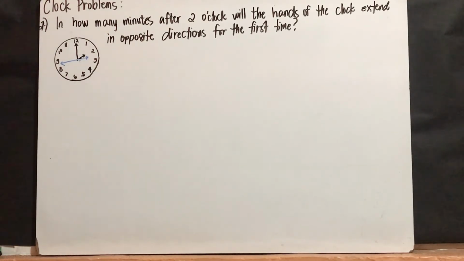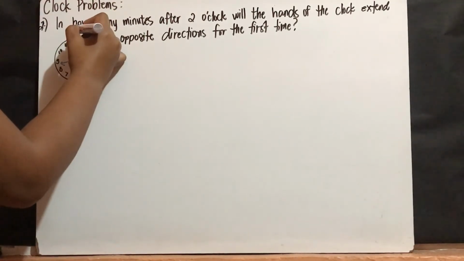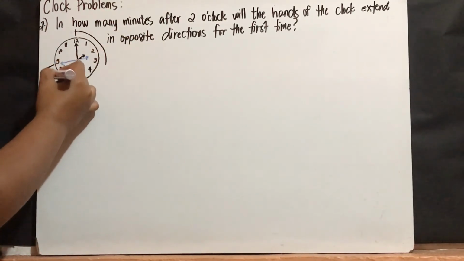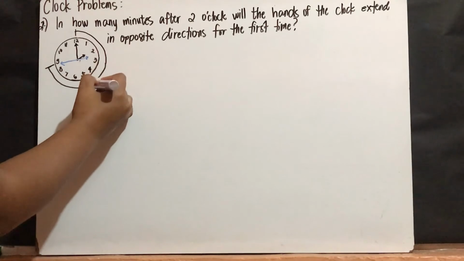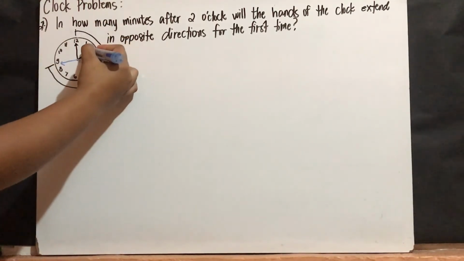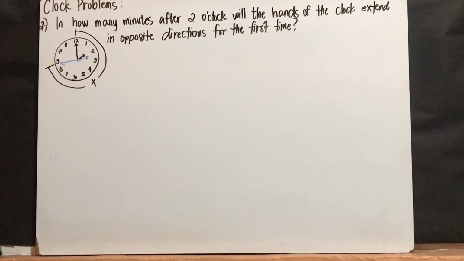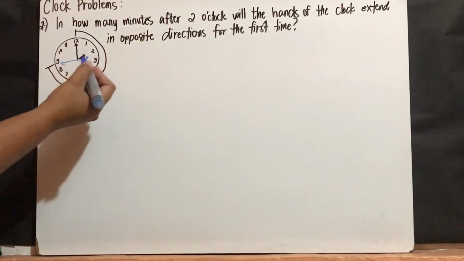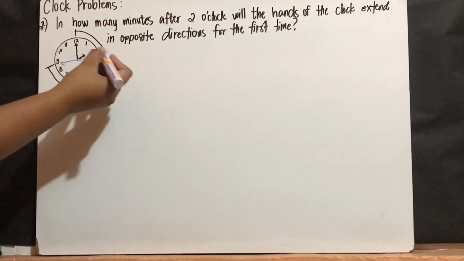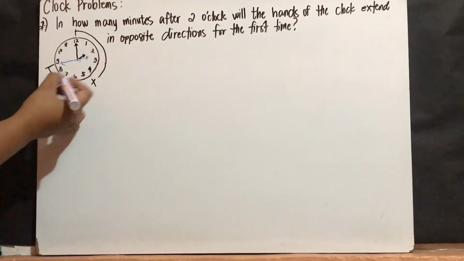Now, in solving, yung x na hinahanap natin will be this one. Ayan. So, ito yung total na na-travel ng minute hand natin from 12. And then, yung x over 12 naman natin, for easier computation, si 2, yung original position ng hour hand natin, i-extend natin to the opposite side.